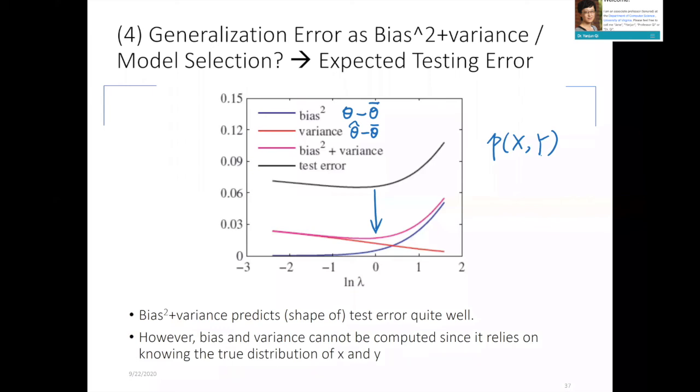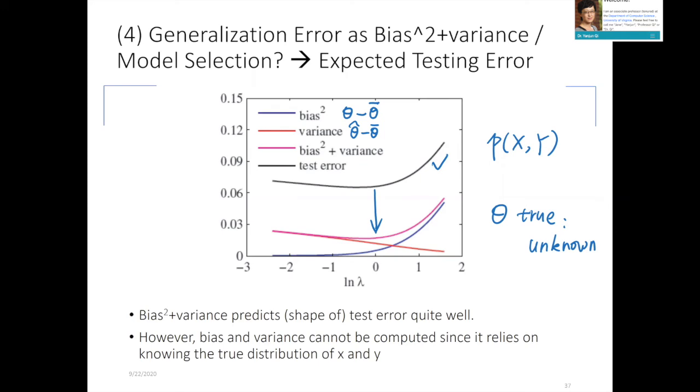But in real cases, you actually do not know theta, because we don't know the truth, right? How do I know the truth? It's unknown. So we cannot plot the bias and the variance. What we can get is only the test error. That's why we use this observed empirical test error to guide us in model selection.